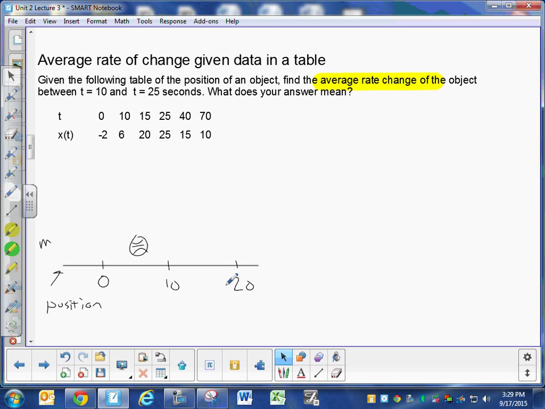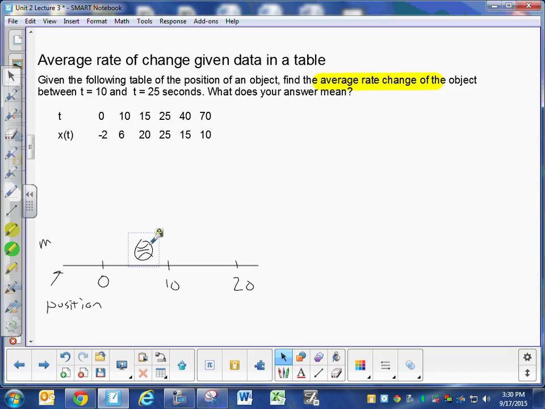And I see that the basketball is located at the 6 meter mark. This basketball could have gone all the way up to the 20th meter mark, came all the way back down, and then ended up at 6. It could have stayed at -2, hung out, and then at the 9th second quickly moved to 6. It could have done anything.